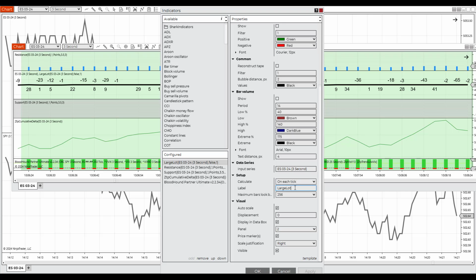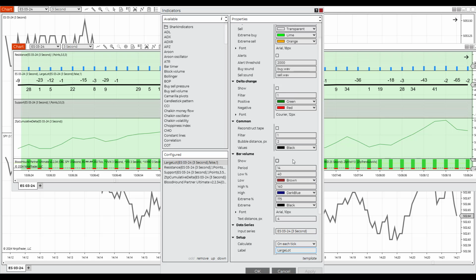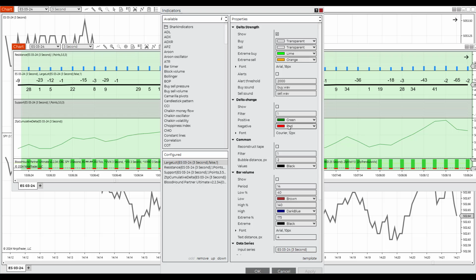So that's why it reads out large lot rather than Delta Strength. These are the settings that I've chosen just to display this. We want to show the delta strength, but we need to change the buy and the sell to transparent. We don't need to reconstruct the tape, and I'm going to leave this as a filter of 1.